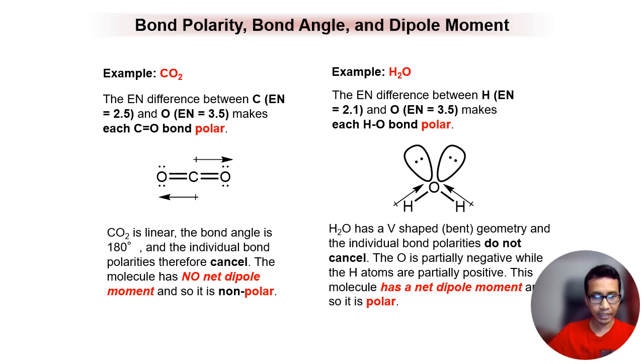In fact, they will have a net dipole moment in the top direction. So in this direction, there's a net dipole moment right here, and that is because if you add these two vectors, this one and this one, it will have a net dipole moment in the top direction, which makes water a polar molecule.